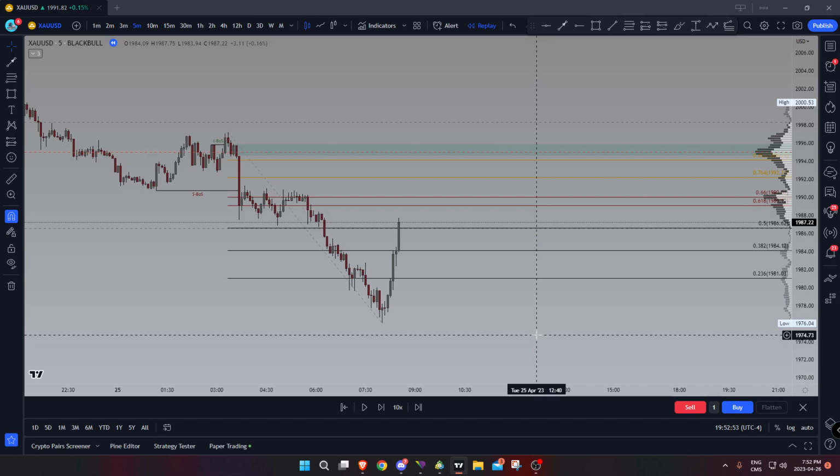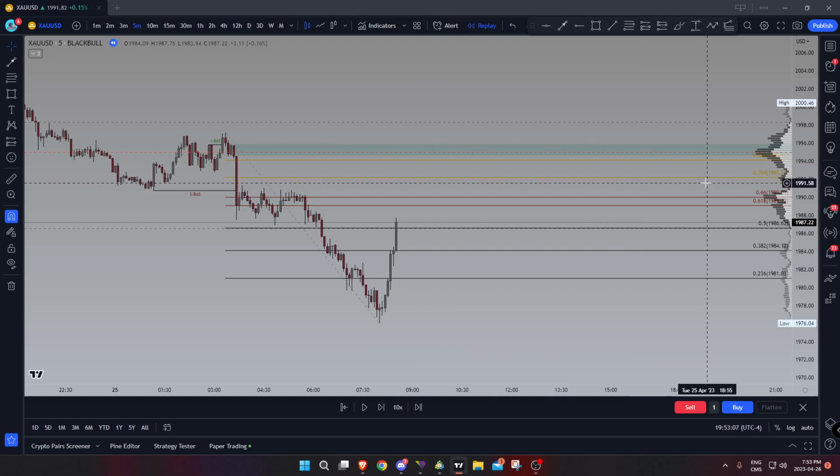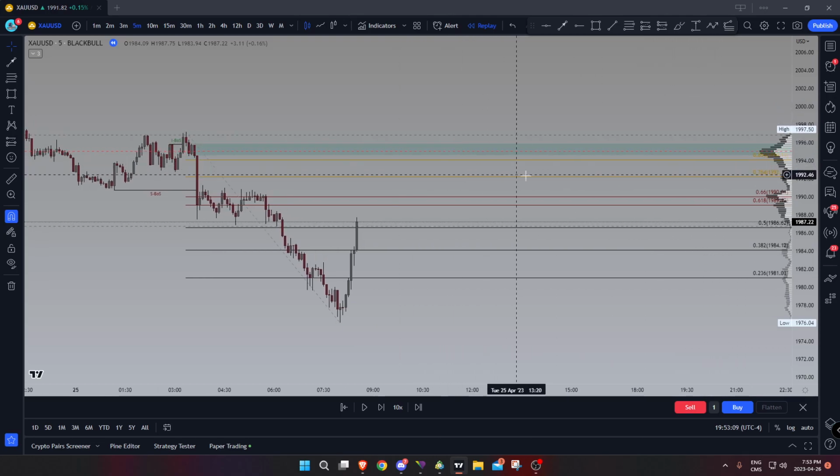So my two areas of interest I'm still looking for with my order block are this area and this one. Now, I don't have this one here, but I do have this one that is really close to my order block. So when this happens, what I'm looking for is to place my order closest to my order block, but also inside this area right here.